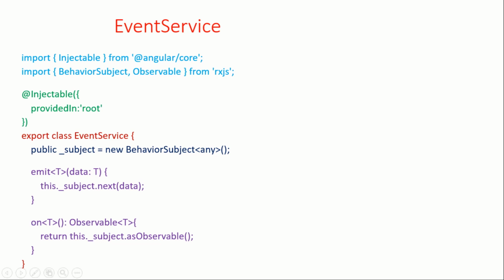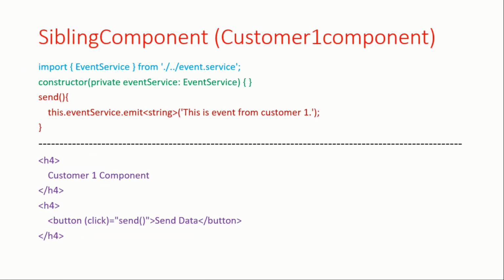Customer one is one sibling component. Here I have imported event service in the first line, and injected it into the constructor, and here is the send method, which I created basically for emitting.